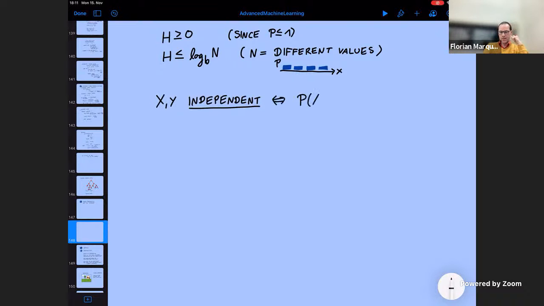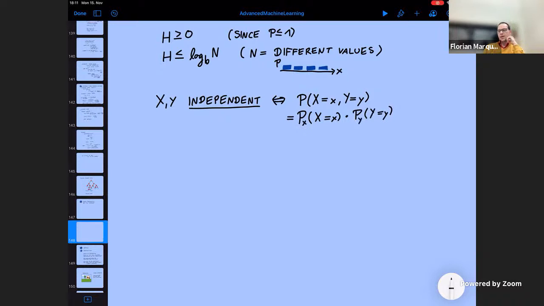So the probability of observing capital X to be some value little x and capital Y being some value little y is just the product. Maybe to be careful, I want to put a subscript here.